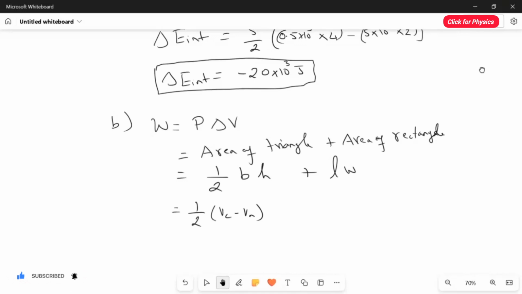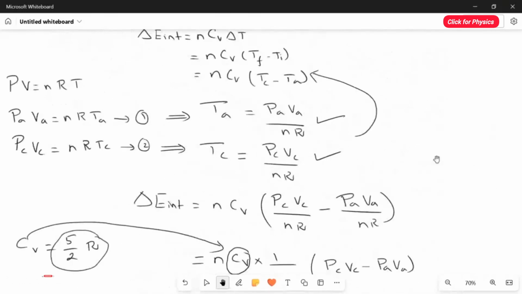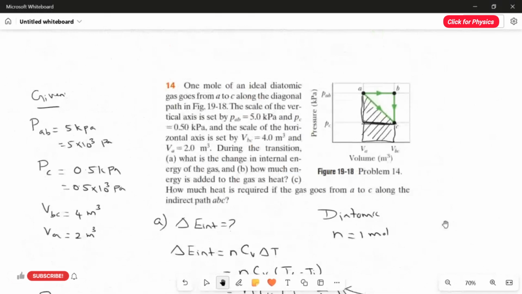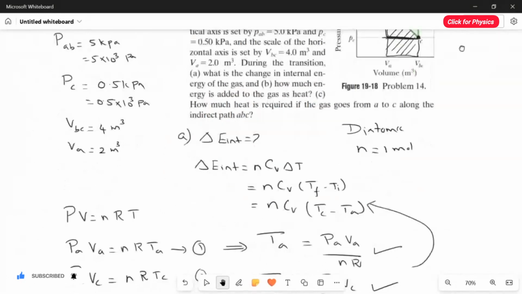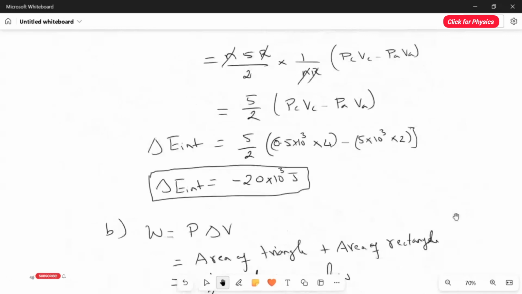Height here is this point, right? So that means this value and this value, which is already given in the question. So point A as well as point C. So let's substitute the value here.